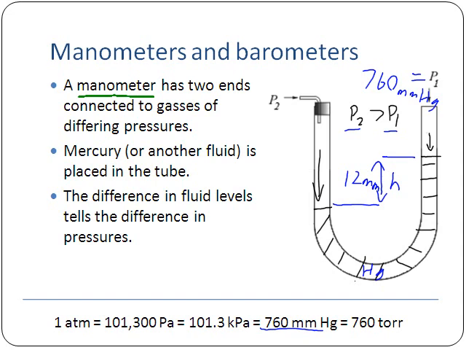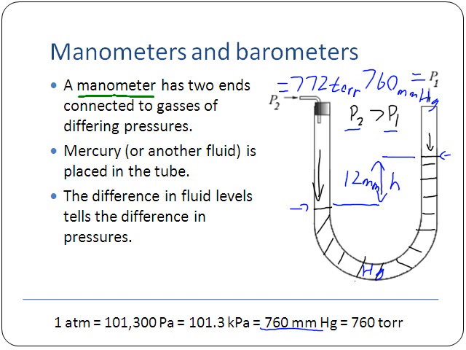We know that of these two, P2 is greater than P1 because the level is lower on P2 than it is on P1. How much lower is it? It's 12 millimeters lower. So the pressure on P2 is 12 millimeters higher than the pressure on P1. Since the pressure on P1 is 760, plus 12 gives us a total pressure of 772 millimeters of mercury, or torr also will work. And that's how you figure out the difference in two pressures.